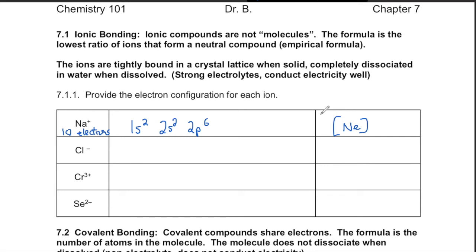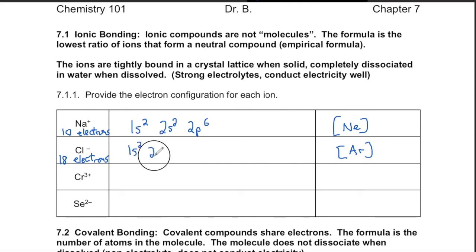So that extra stable configuration is why sodium likes to form a +1 ion rather than other charges. The chloride ion has 18 electrons. Chlorine has 17 with a -1 charge. There are 18 electrons. Again, because it gives the same electron configuration as a noble gas, argon.